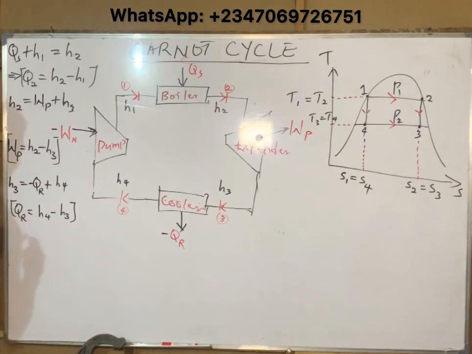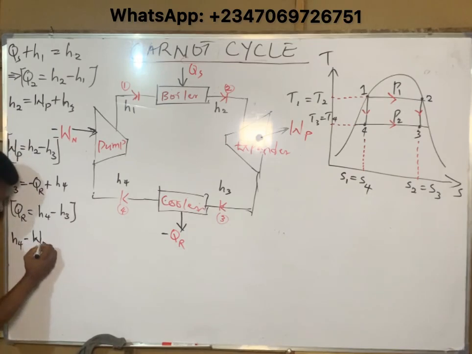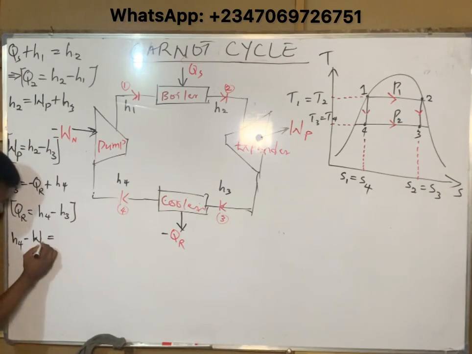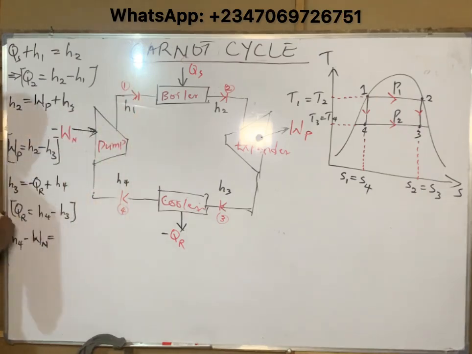Sum of what is entering becomes H4 entering minus negative pump work. Okay, you can simply call that WP for pump work. And that's equal to, okay, we already use P here for positive, right? So we can simply use N for negative, WN. And that's equal to H1, which is leaving.